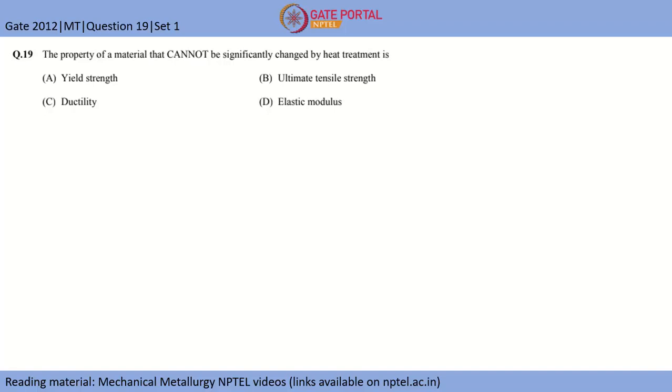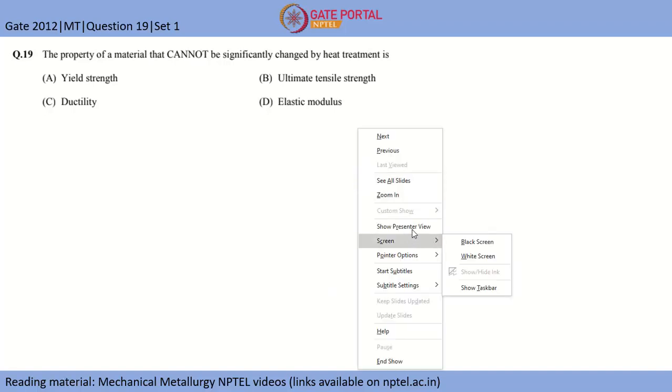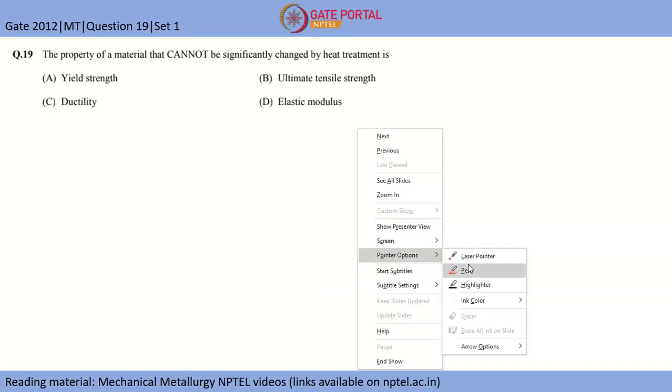The property of a material that cannot be significantly changed by heat treatment is: option A is yield strength, option B is ultimate tensile strength, option C is ductility, and option D is elastic modulus. So what heat treatment does is basically it alters the microstructure.